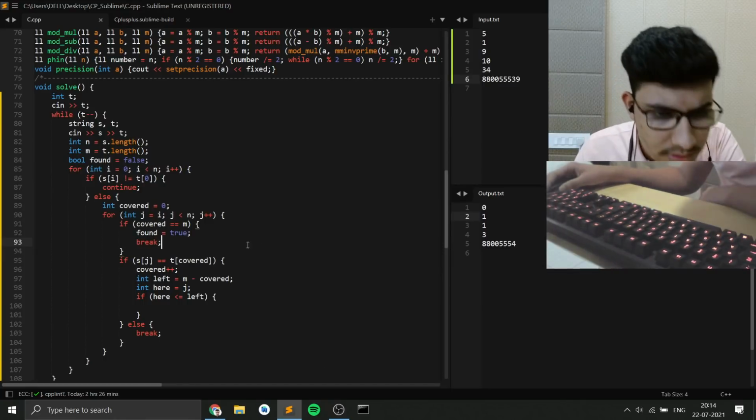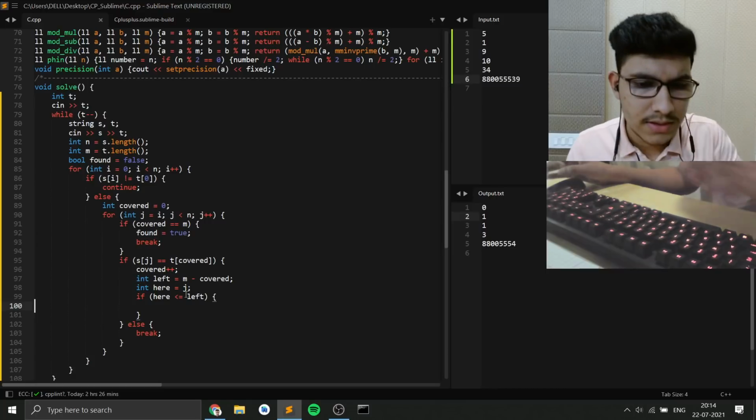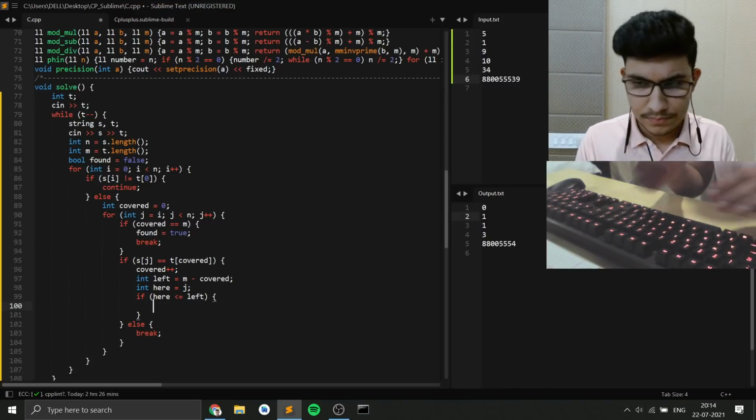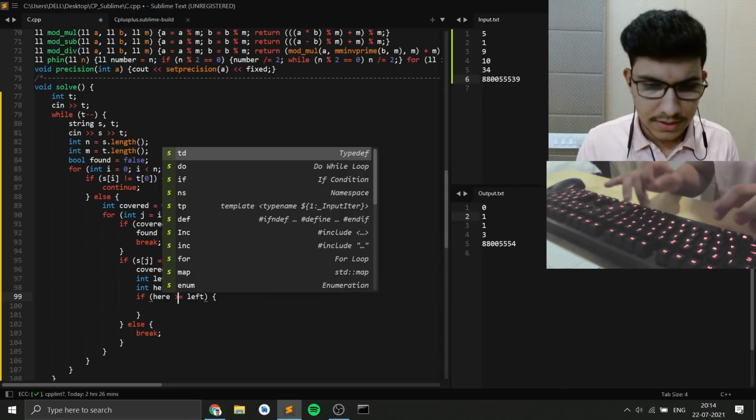Right, okay, so now this is fine. Here is less than or equal to left. It should actually be greater than or equal to left.